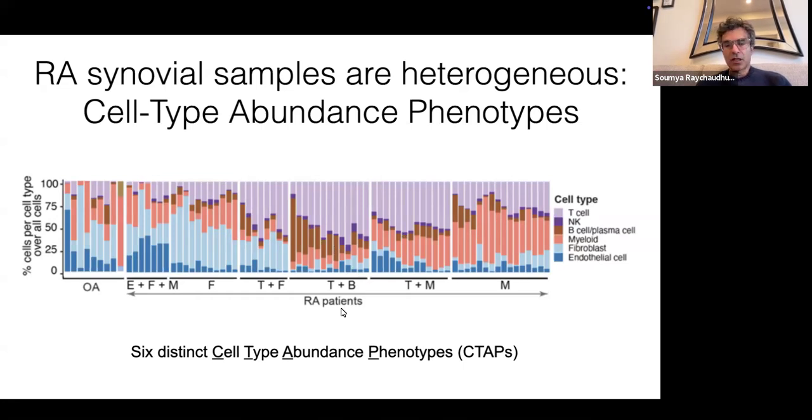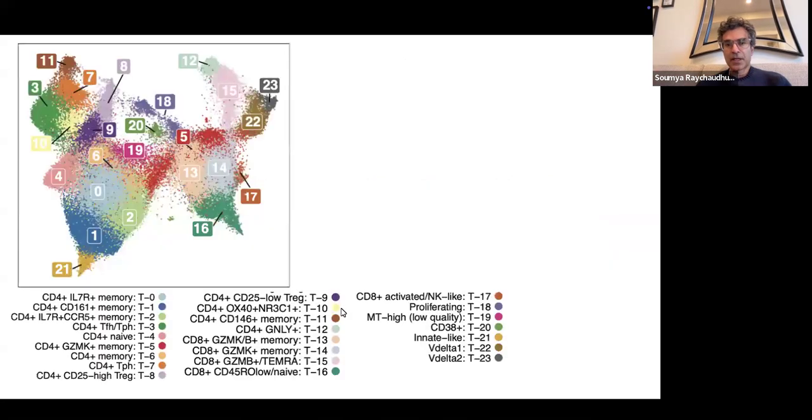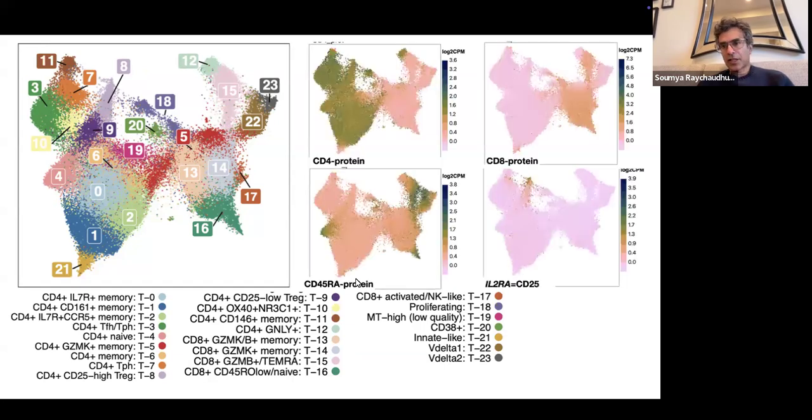And naturally, we would want to know what the differences are. And then obviously, we could take, say, the T cells themselves, as we've done here, and we could cluster these cells based on their RNA-seq profiles. And you can see that we found 24 different T cell clusters. And then we could go through and try to understand what those populations are by looking at what genes they express, what protein markers they express.